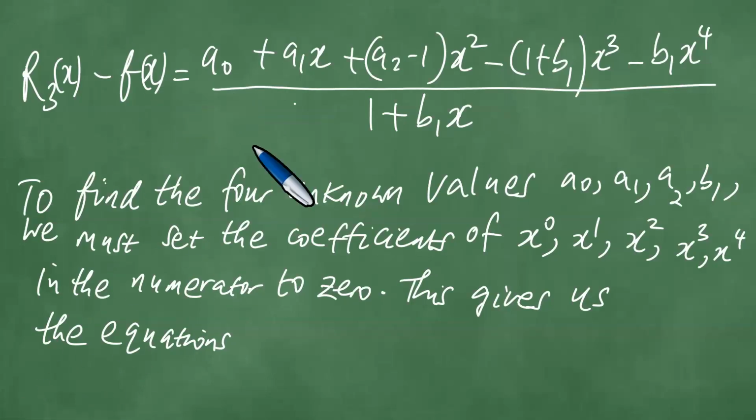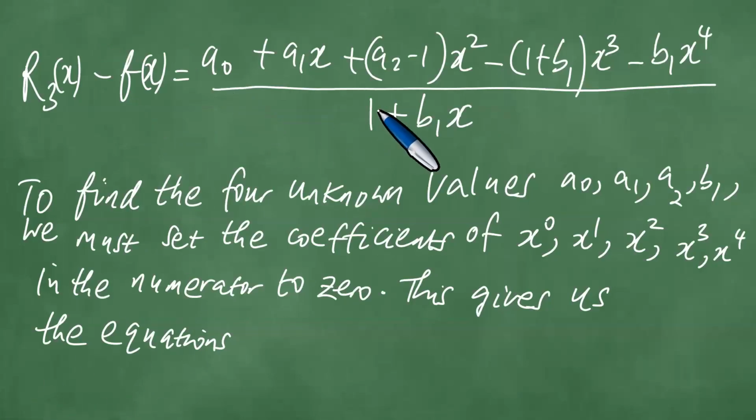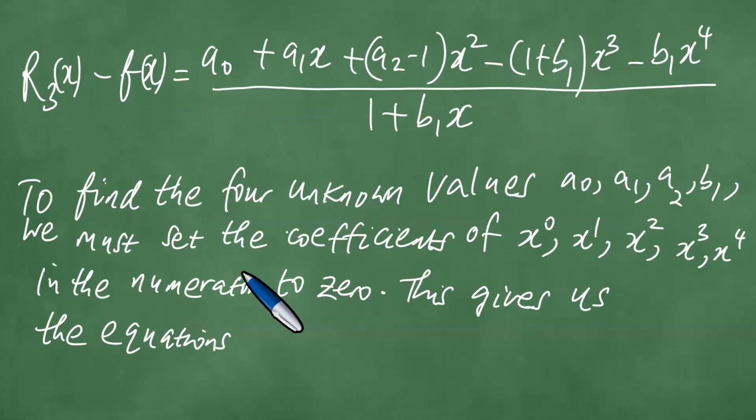If A0 is 0, then also A1 is 0. But it also means that A2 minus 1 is 0. And then that means 1 plus B1 is 0.